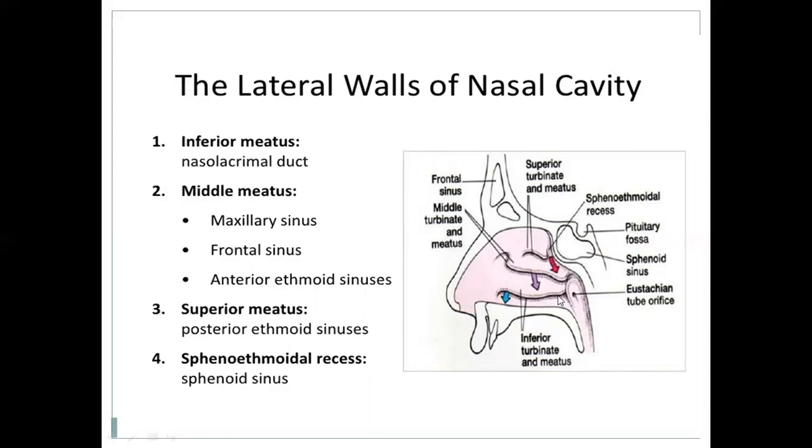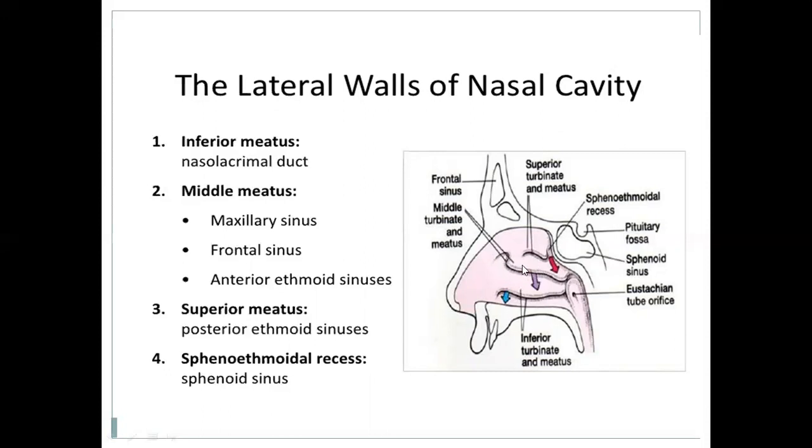So the inferior meatus receives the opening of the nasolacrimal duct, and the middle meatus receives the openings of the maxillary sinus, the frontal sinus, and the anterior ethmoidal air cells.